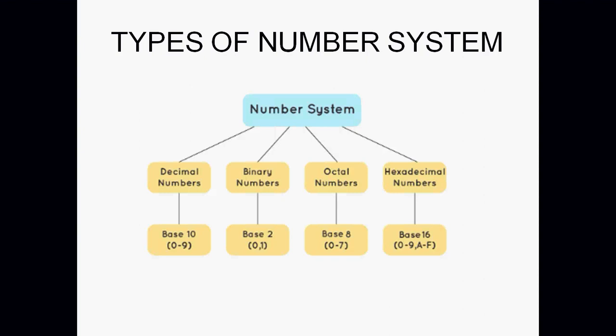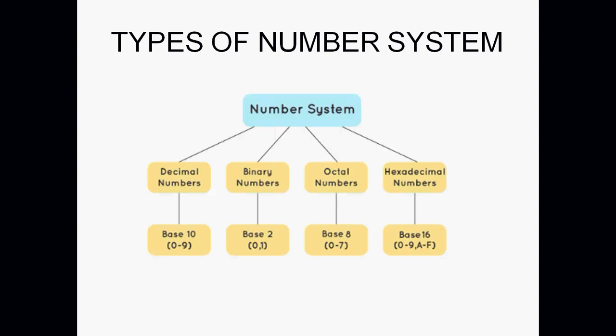Each number system has its own base. The decimal number system's base is 10, binary base is 2, octal base is 8, and hexadecimal base is 16.